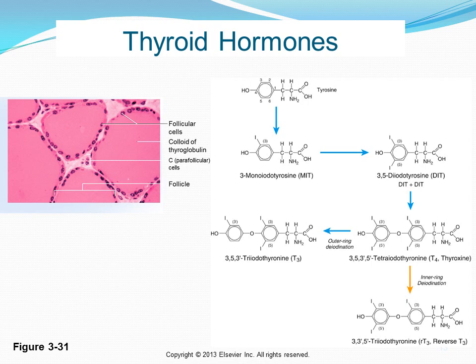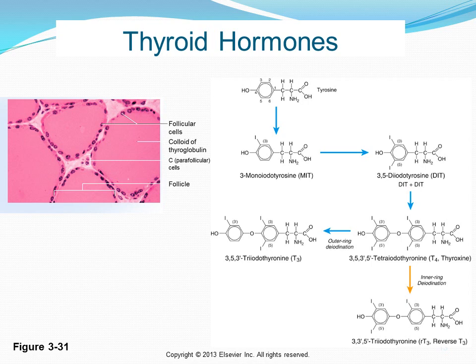And something to know as we talk about this: you end up with this class of hormones called thyroid hormones. The active hormone, the one that's actually going to do anything in the cells, is T3. But T4 plays a very important role in the transport and the stability of the thyroid hormone before it gets to the cell.